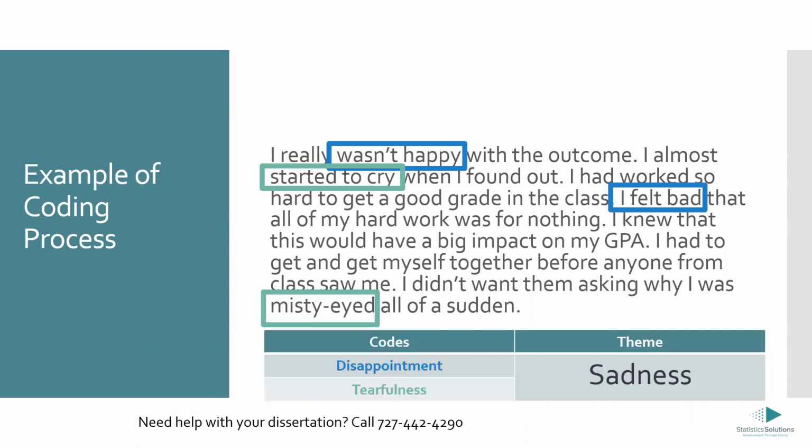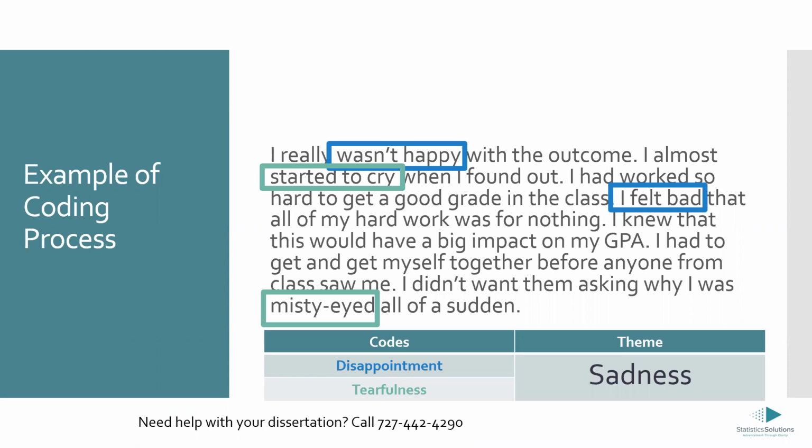Okay, so we've got two codes here. So the dark blue, if we're going to assign this a short descriptive code, we might call it disappointment. "Wasn't happy" and "I felt bad" indicate some degree of disappointment here. And again, if we're looking at this sort of physical manifestation of disappointment, this person was tearful, right? Started to cry, misty-eyed, right?